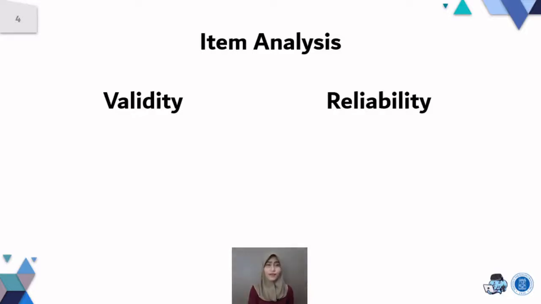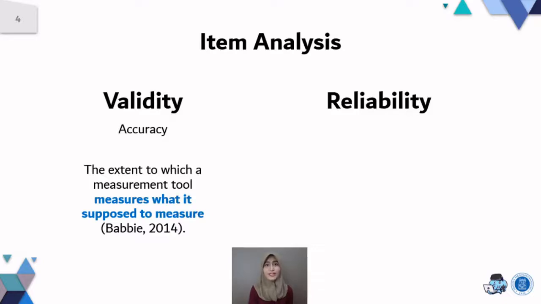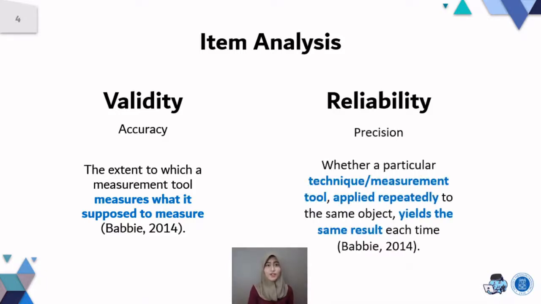Very briefly, validity corresponds with accuracy. It represents the extent to which a measurement tool measures what it's supposed to measure. As for reliability, it is associated with preciseness or precision: whether a particular technique or measurement tool applied repeatedly to the same object yields the same result each time.